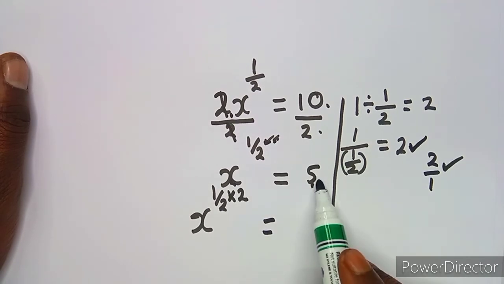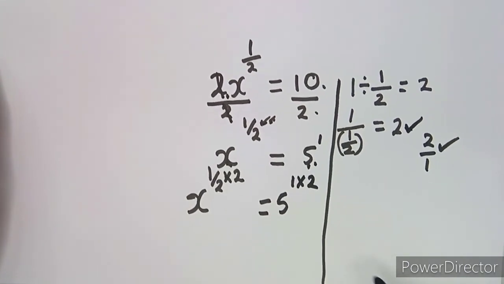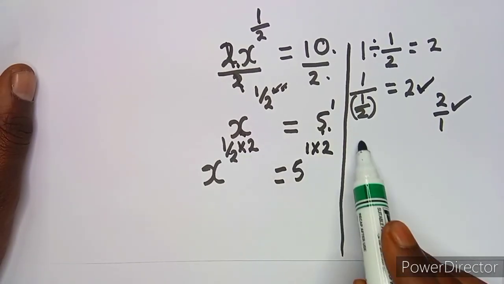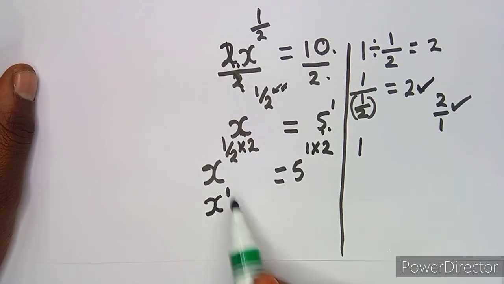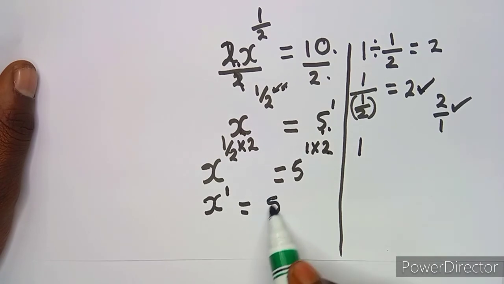Which is equal to 5, is the same as 5 to the exponent of 1, that is our exponent, times the inverse. Our inverse is 2. All right. So just like the previous part, if you multiply this half and 2, you're going to obtain a 1. Half times 2, that's a 1. So x to the exponent of 1 is equal to 1 times 2, that is a 2 there.